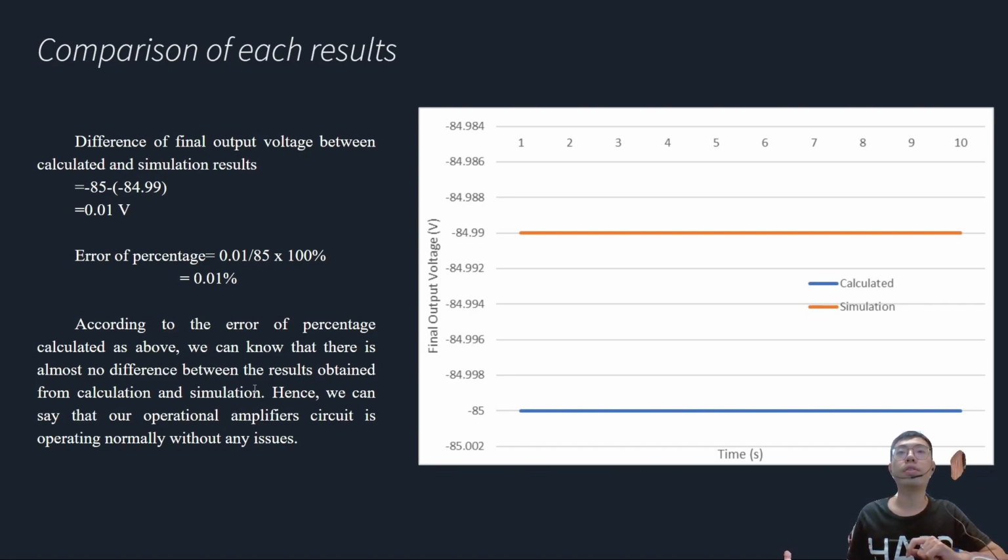So the error percentage is 0.01%, and according to that, we can say that there is almost no difference between the results obtained from the calculation and the simulation. Hence, our operational amplifier circuit is operating normally without any issues.